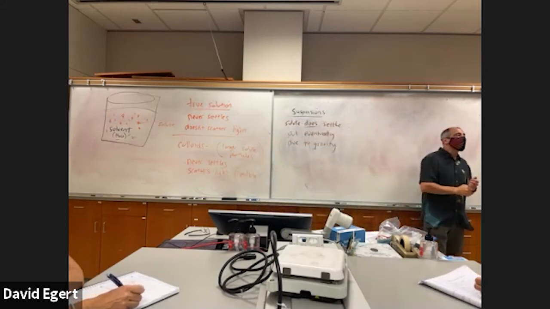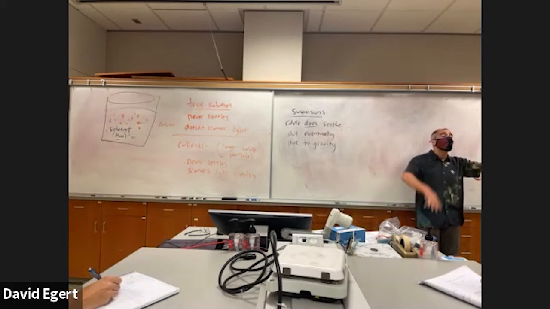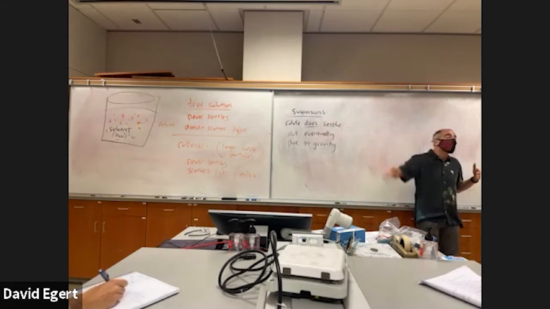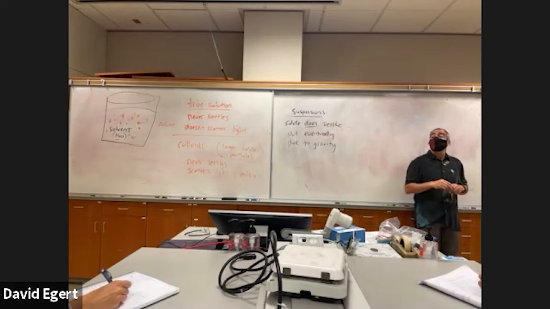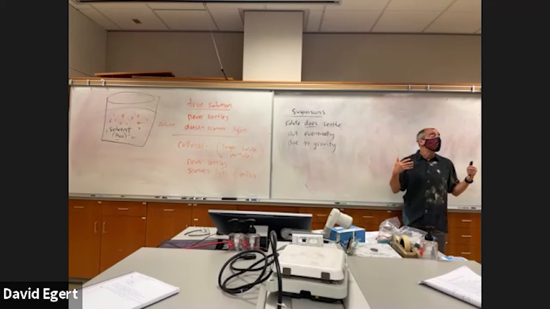A classic example of a suspension in your body is your blood. The blood cells are big enough that if you just let them sit, they'll all go to the bottom and the plasma will be at the top. Your blood is usually just moving around, so everything stays mixed up. Later on, one of the labs that we will be doing in person is the blood lab, where we're going to look at hematocrit. We want to see the proportion of cells versus plasma in your blood.